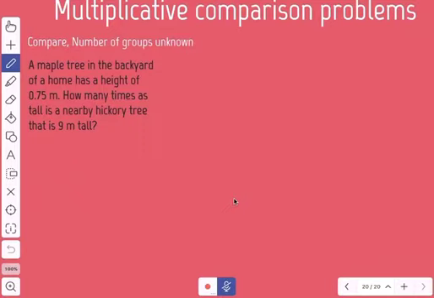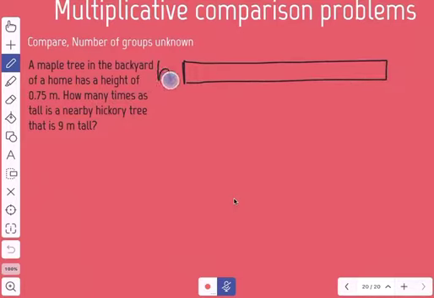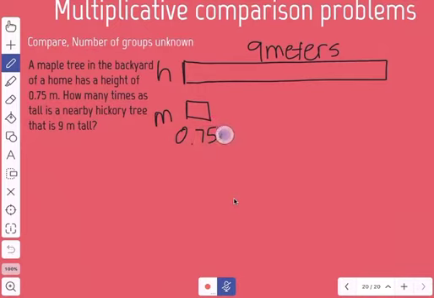So if I have, excuse me, I have 2 trees. I have my hickory tree, which I know is 9 meters. And I have my maple tree, which is, I'm not going to be able to fit it inside, so 0 and 75 hundredths meters.